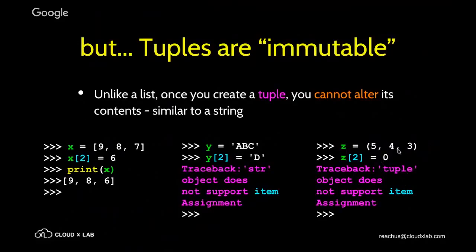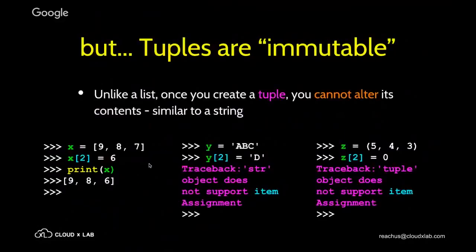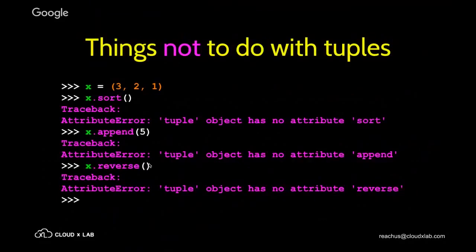So you cannot make changes to an existing tuple. Tuples do not have methods like sort, append, reverse, and others. While list has all these methods, tuples do not have them.